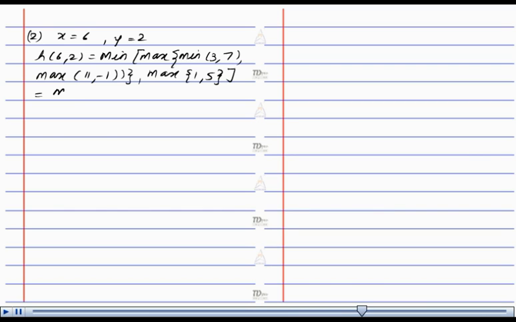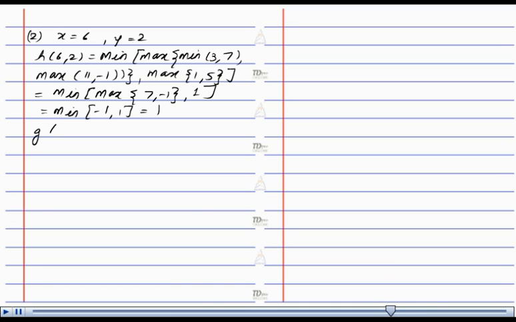That is minimum of maximum of (7, minus 1, 1). That is minimum of minus 1, 1, which is 1.